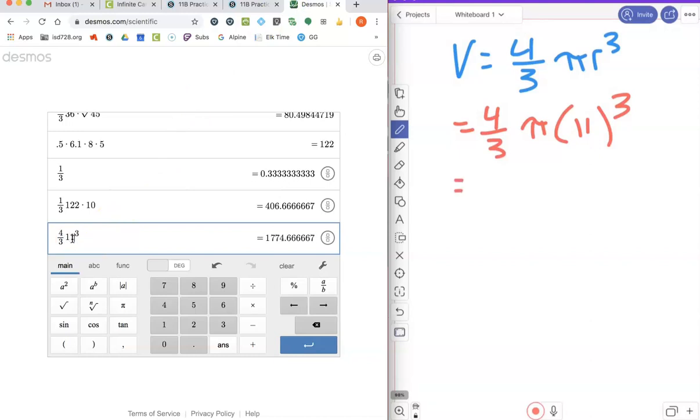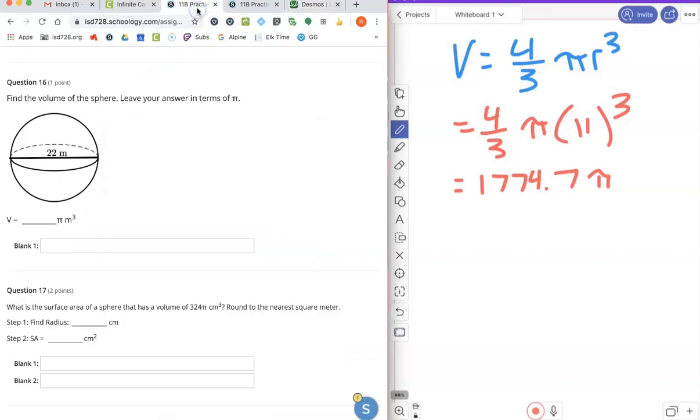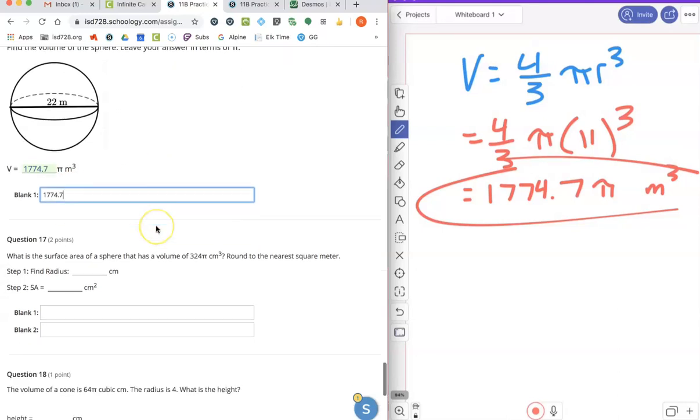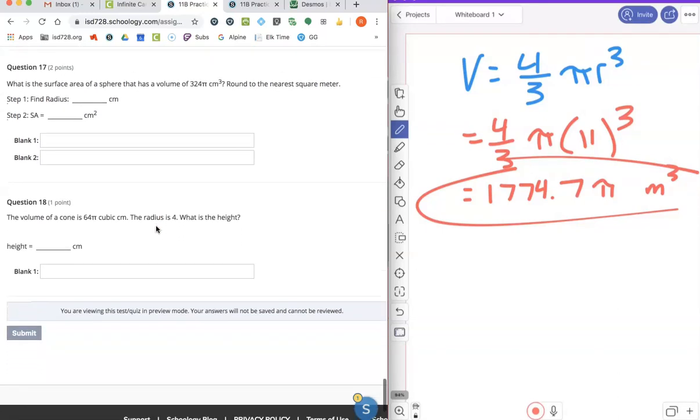So this one, in terms of pi, is 1,774.7 pi. That one is also in cubic meters, and we have our answer.